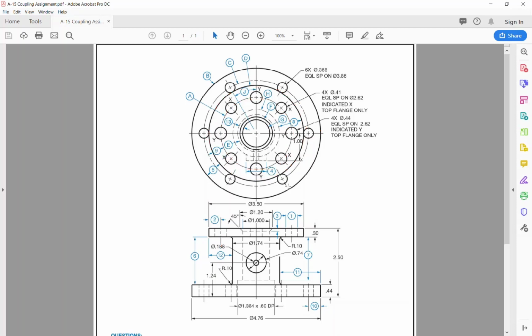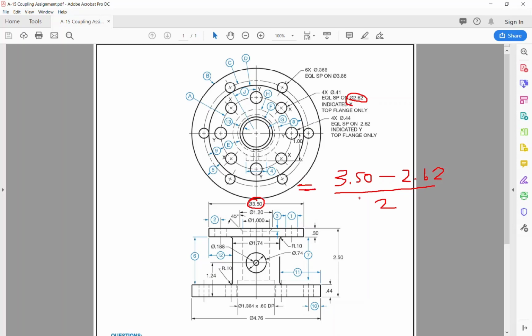So we take the outer flange size, which is 3.5 right here, minus the bolt hole circle, which is 2.62, and then divide all of this by 2, and that equals detail number 2.